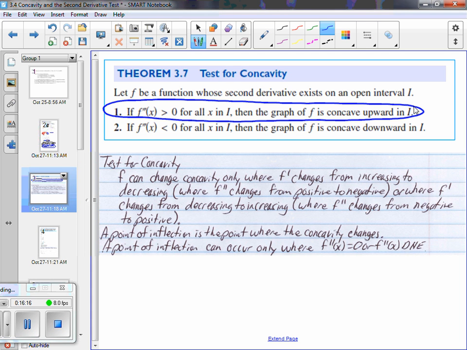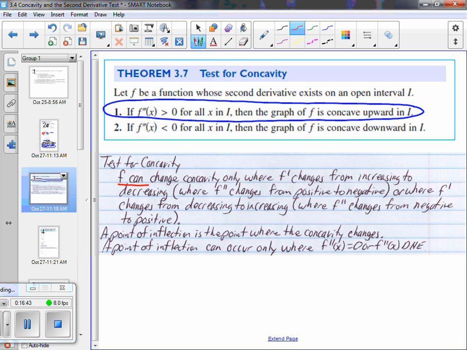Okay, good, good. All right, so F can change concavity only where F prime changes from increasing to decreasing, which means F double prime changes from positive to negative. Or F can change concavity where F prime changes from decreasing to increasing, which is where F double prime changes from negative to positive.